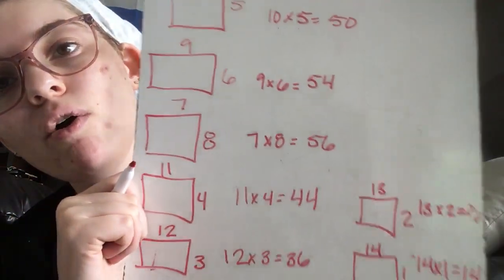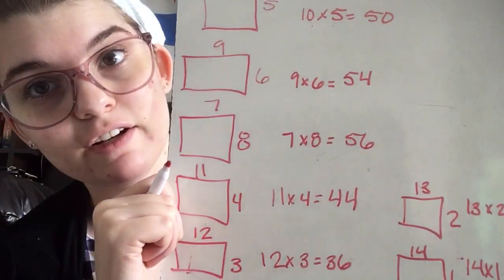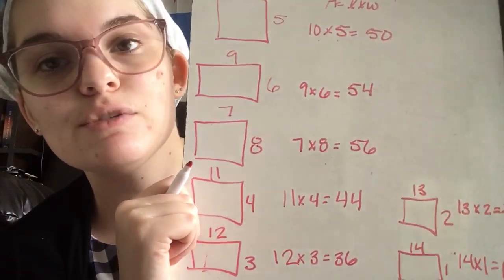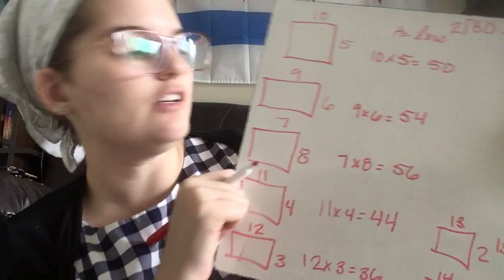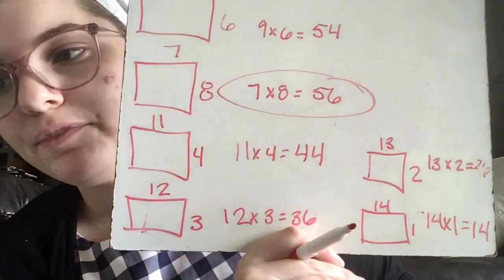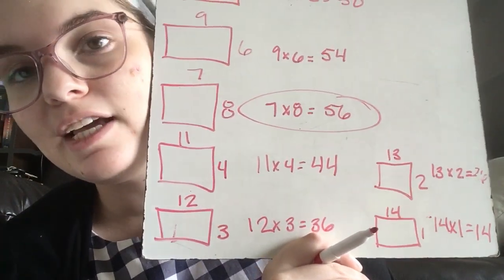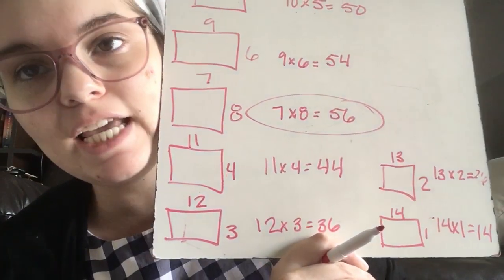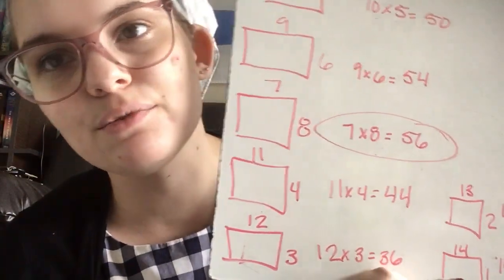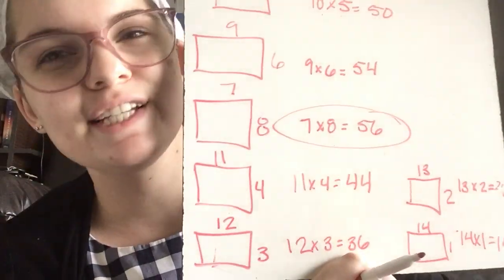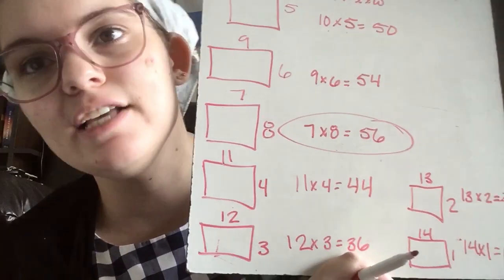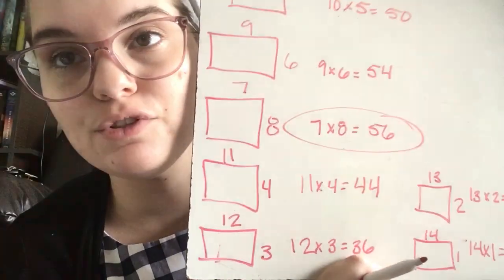So we've made our whole chart of all of the areas possible, and we're looking for the greatest one. If you look at all of these, the greatest one is 56 units squared. It doesn't give us the unit. So your length and width is going to be 7 and 8. You can choose which one is which. It doesn't really matter, as long as you have those two numbers, okay?